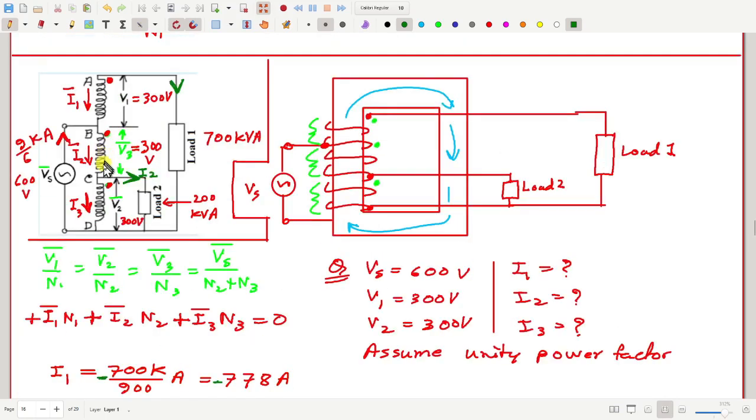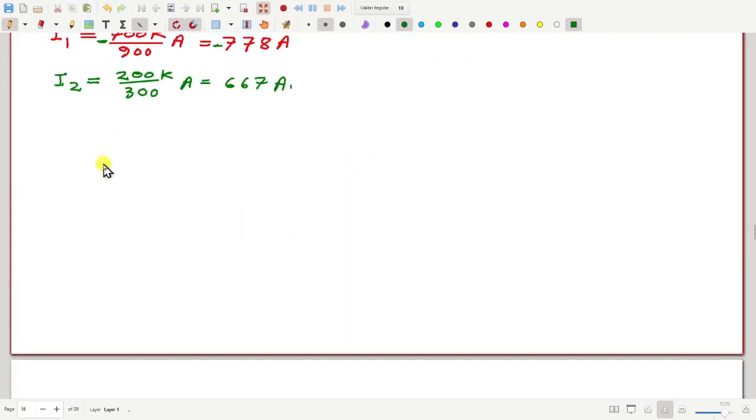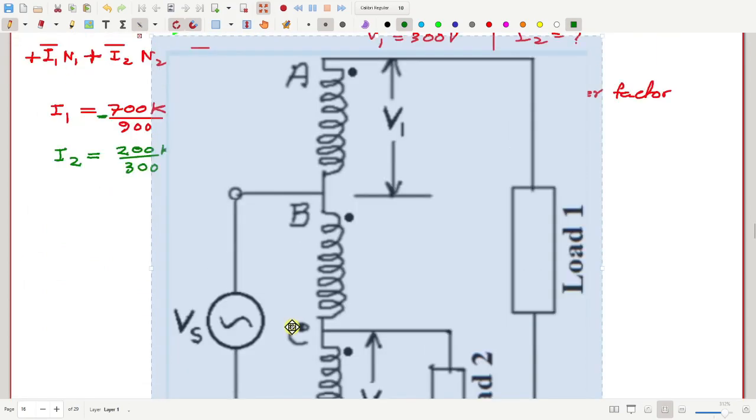Maybe I should make another copy of this circuit and do it cleanly. Let me do that.